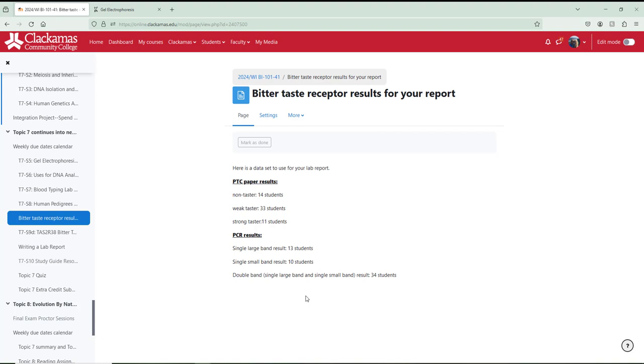So for now, what I would do is on the back of your lab manual, starting on page 326, we have table 1, table 2, and table 3. So table 1, you can go ahead and import this data.